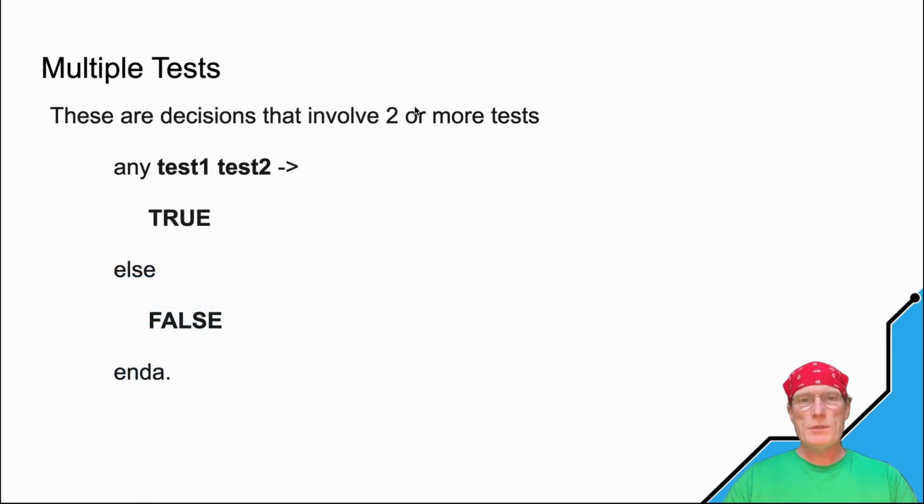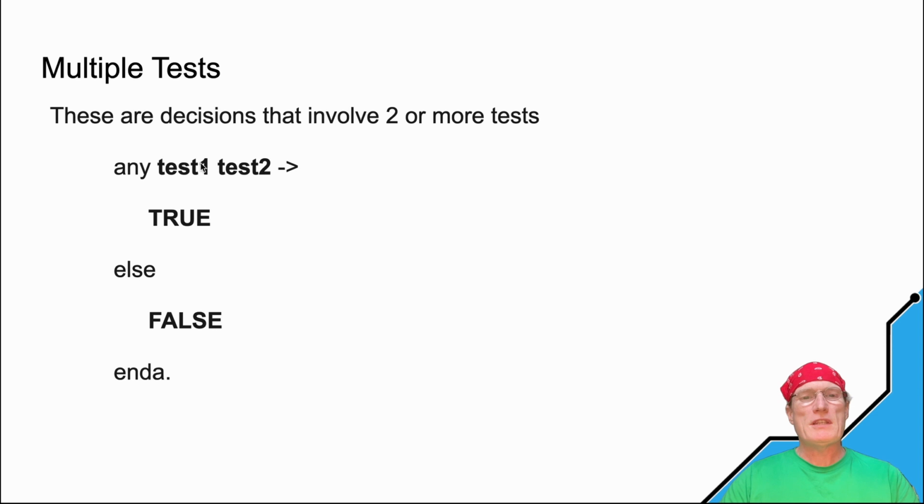So in our new scenario, we have an any statement, but we have two or more tests. So we have test 1 and test 2. If both tests are true, we will run true. But what the any means is that if any one of these tests is true, we will run the true statement, the true code.